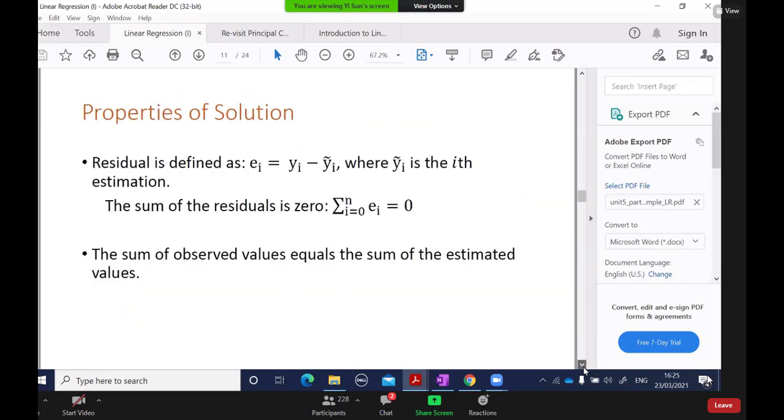Here, the residue is defined as the error. That is the true value, the ground truth, minus the estimated value, the predicted value. And the sum of residuals is always equal to 0.